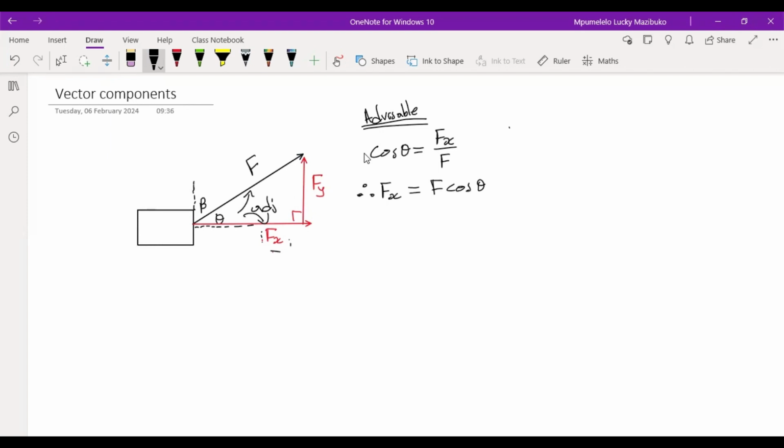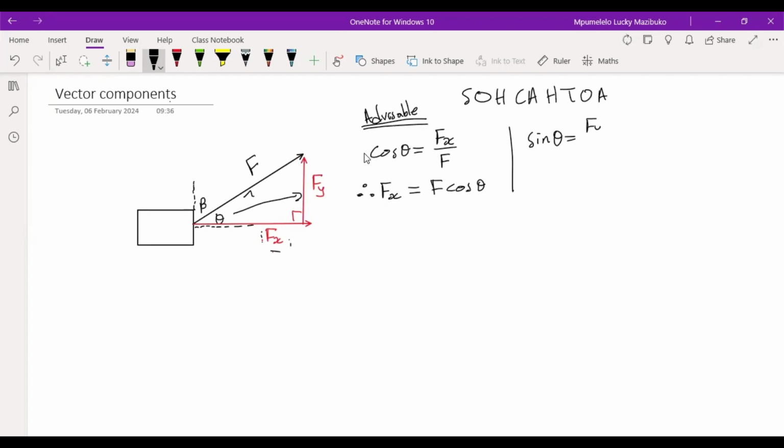And similarly, sine theta is given as fy over f, since it's the opposite. Remember your SOHCAHTOA: sine is opposite over hypotenuse.